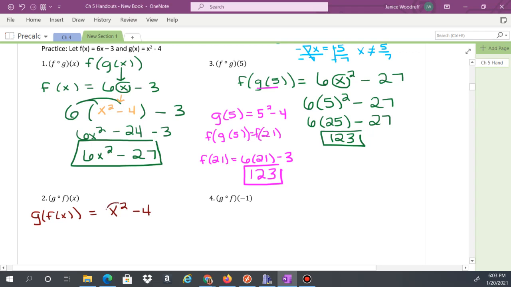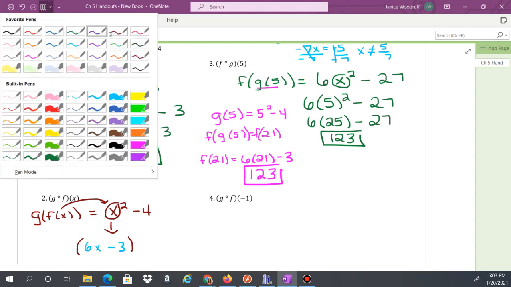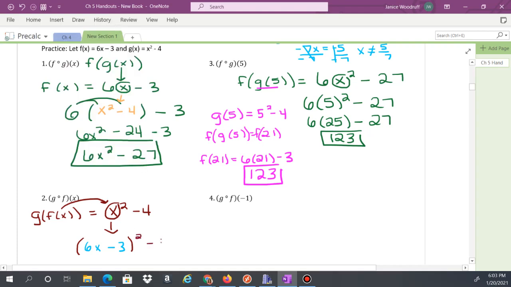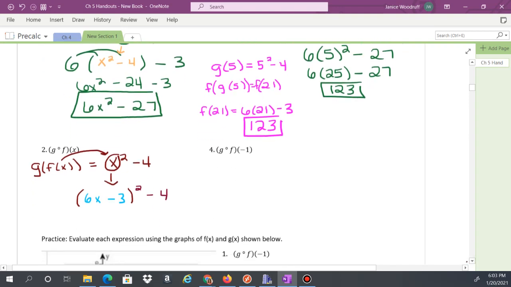So I'm going to take this x, and I'm plugging f of x right there. f of x is 6x minus 3, so this x is going to become f of x, which is 6x minus 3. And then I'm squaring that and subtracting 4. So f of x goes into the g of x function.